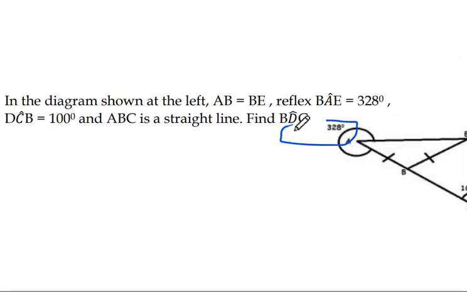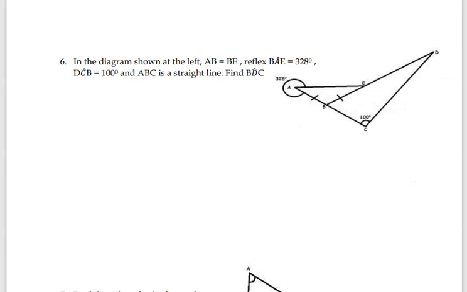Good. And ABC is a straight line. DCB is 100. ABC is a straight line. Find angle BDC. That's this angle. We're looking for this angle here.